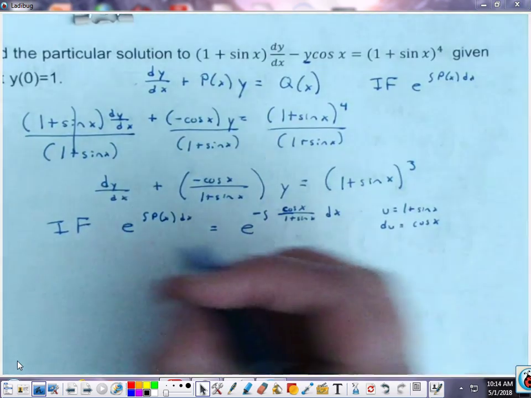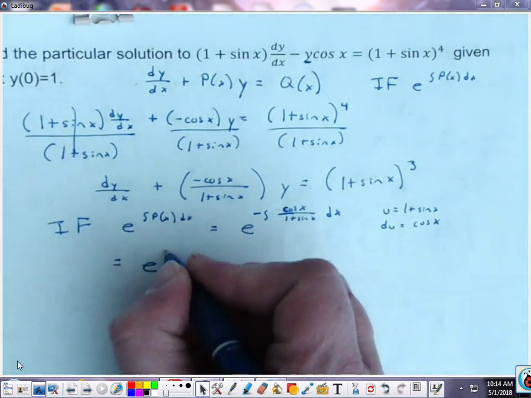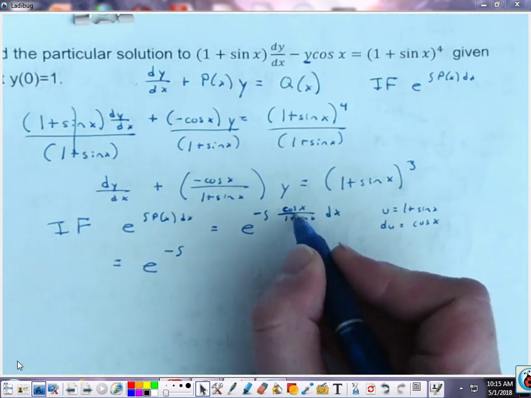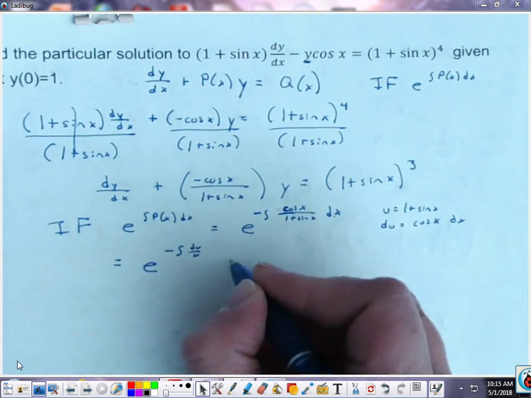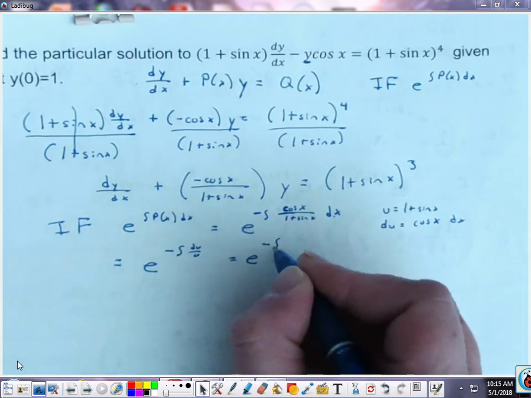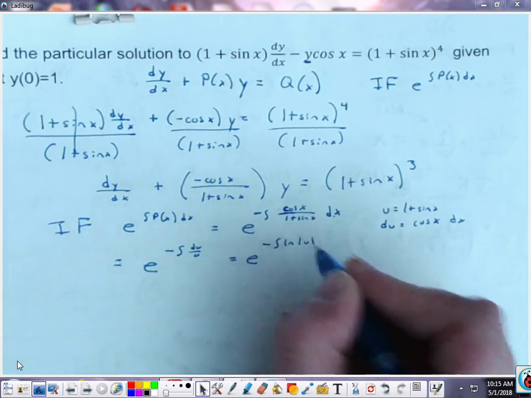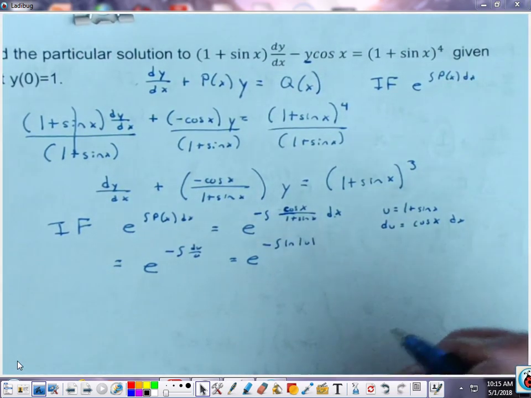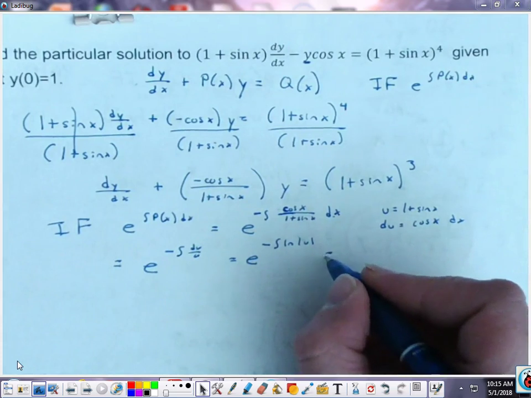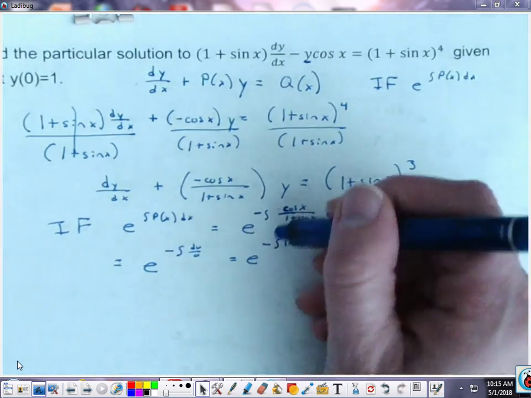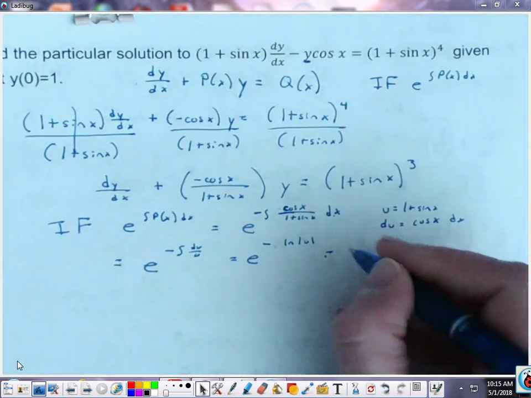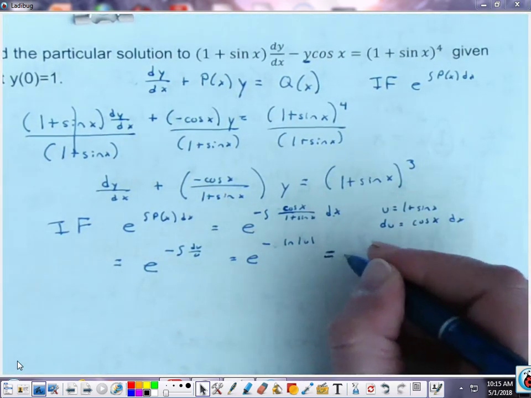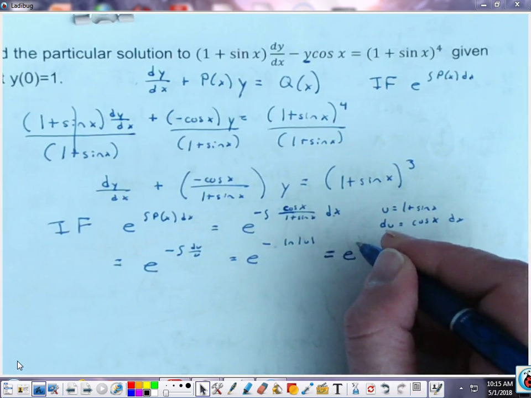Okay, so now I have equals e to the negative integral of, that's du over u. So ln, we can go absolute value, or we can know it's going to go away eventually. Okay, that is a lot of straight lines.